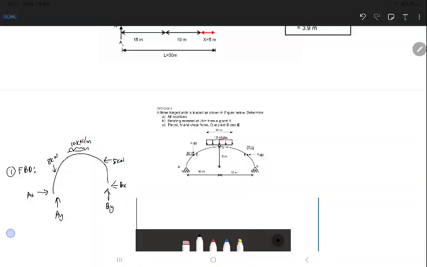And then second step, you need to find the reactions. You have to solve all reactions AY, BY, AX and BX.